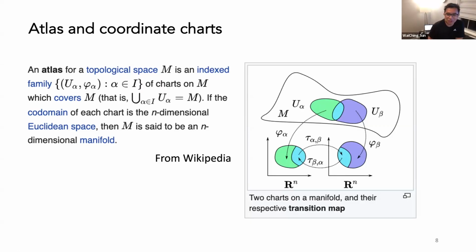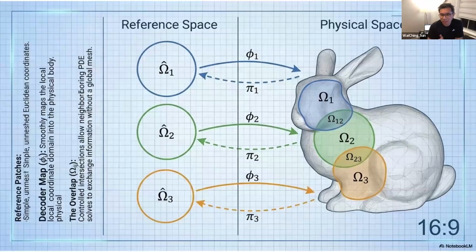Now, this could be used as the learning problem in a supervised setting to represent the geometry. In this case, we use the Stanford bunny as a demonstration example. In the real case, there are more than 3 coordinate charts. We tried it with 8 or 10.